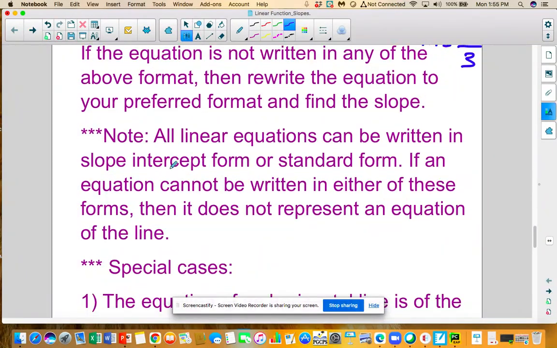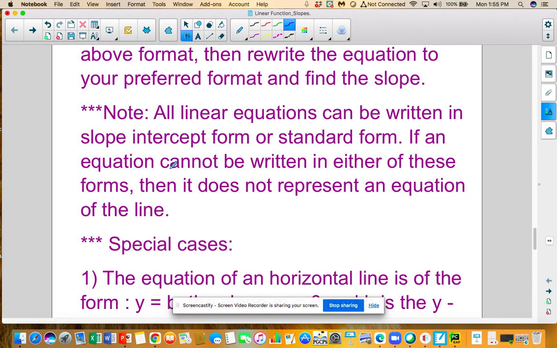Now, note all linear functions. If you are a linear function, your equation can be written in slope-intercept form or standard form.